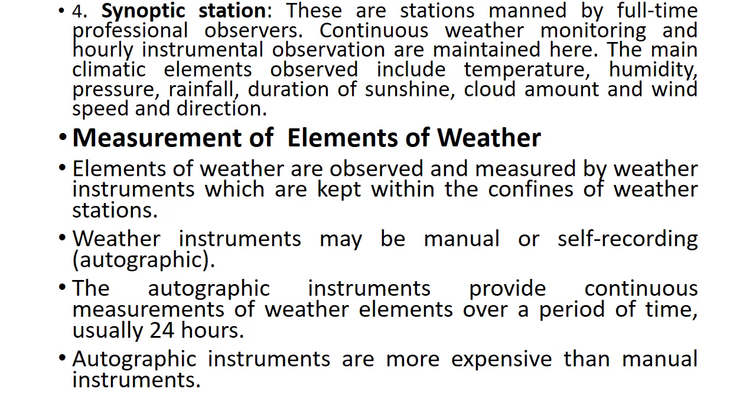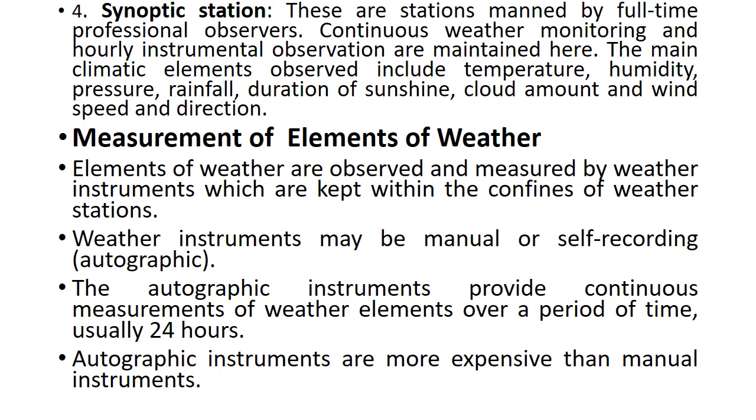Number 4, synoptic station. These are stations manned by full-time professional observers. Here, continuous weather monitoring and hourly instrumental observation are maintained. The main climatic elements observed include temperature, humidity, pressure, rainfall, duration of sunshine, cloud amount and cover, and wind speed and wind direction.